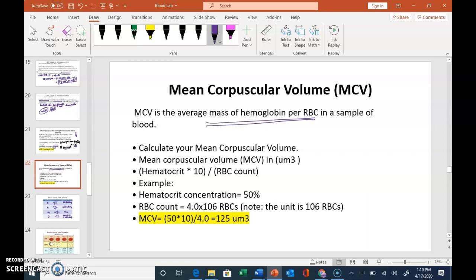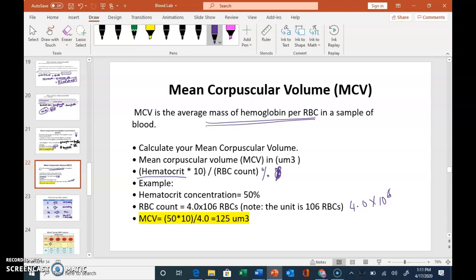For this, you definitely need the hematocrit value, and remember, hematocrit is just a percentage. Also, you need your RBC count. Remember the RBC count from the glass slide? In this case, it's 4.0 times 10 to the power 6.